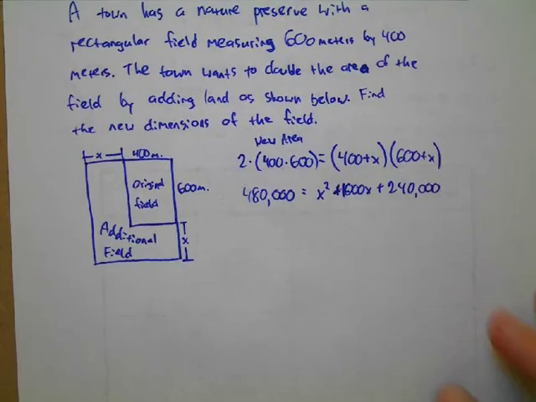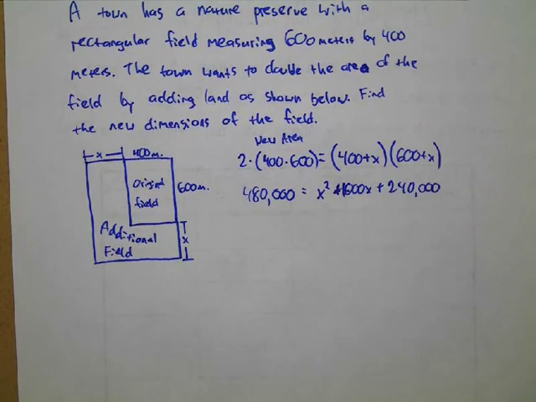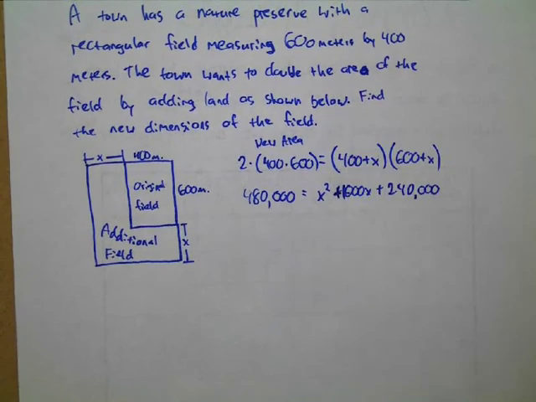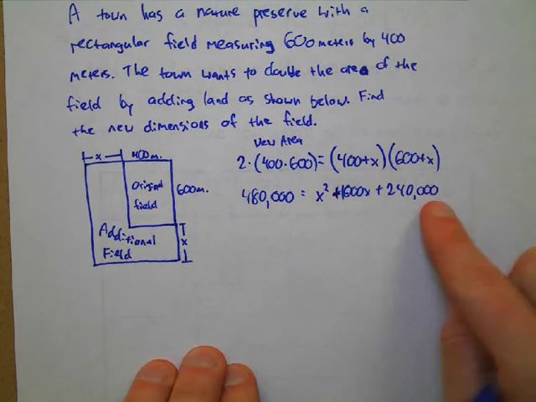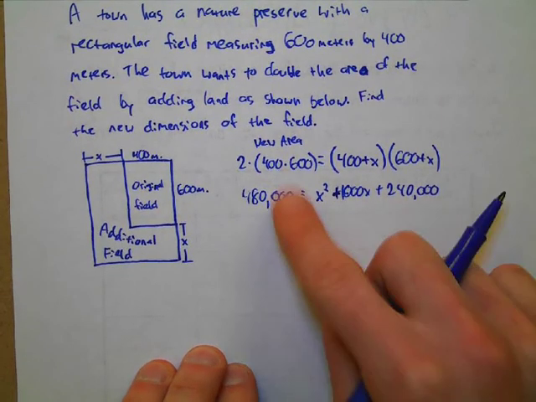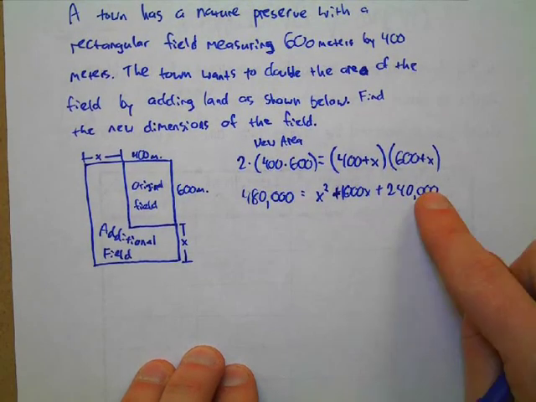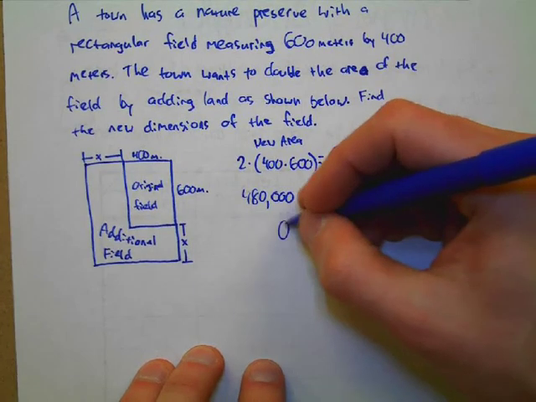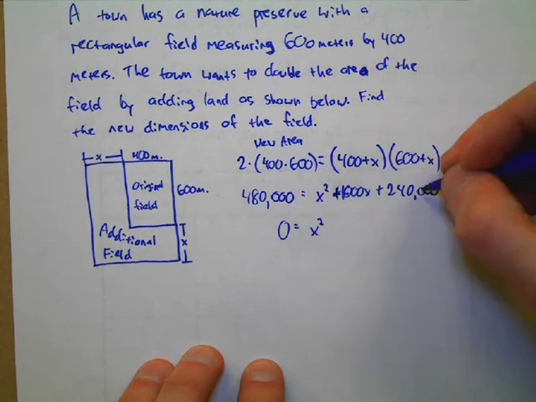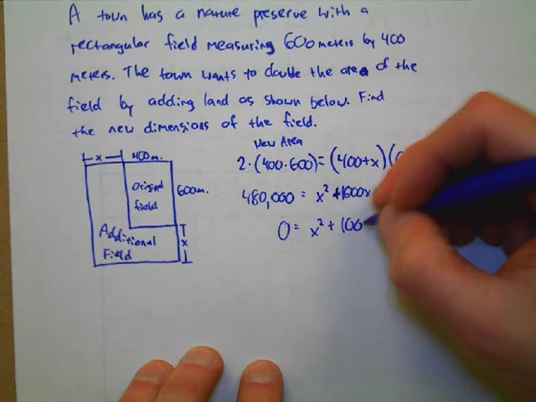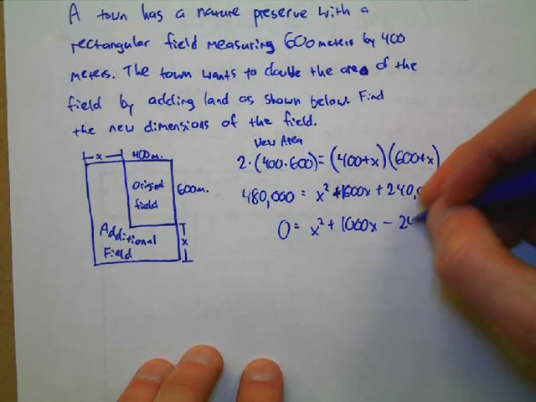And to solve this, we need to make sure our quadratic is equal to what value? Whenever we solve a quadratic equation, we want to make sure it's equal to 0. So I have to subtract this 480,000 over: 240,000 minus 480,000 is minus 240,000.